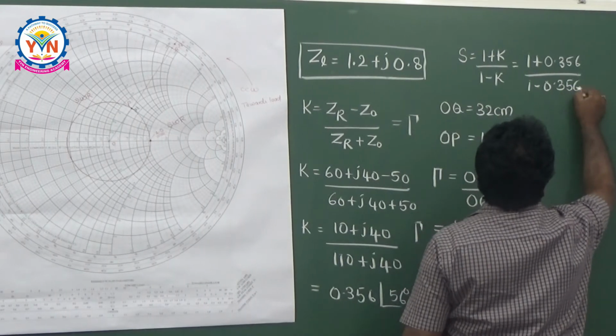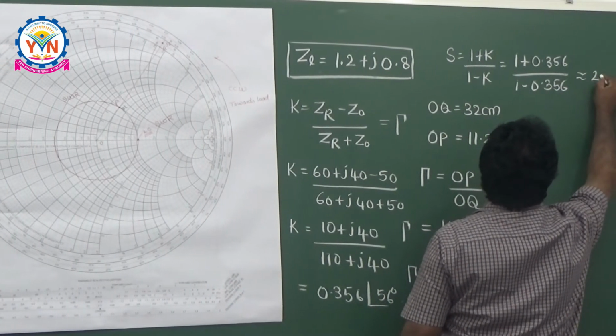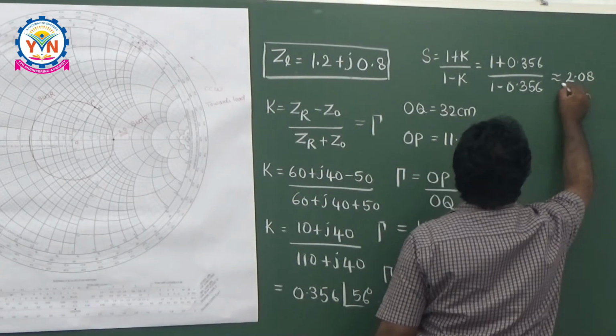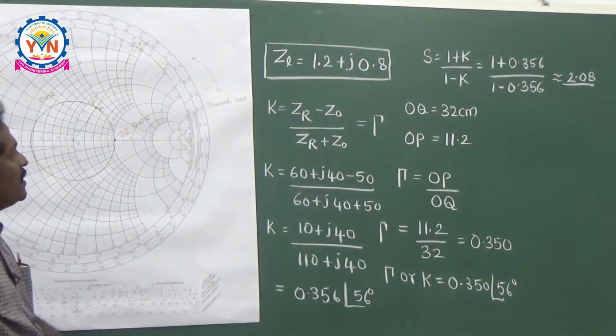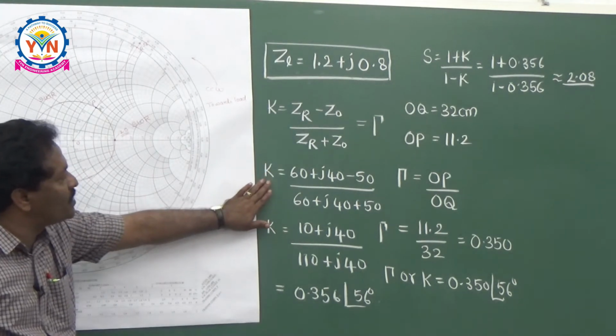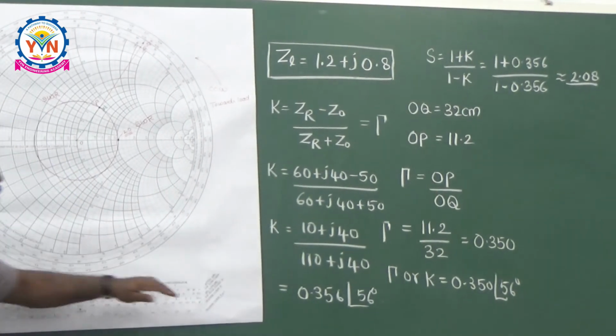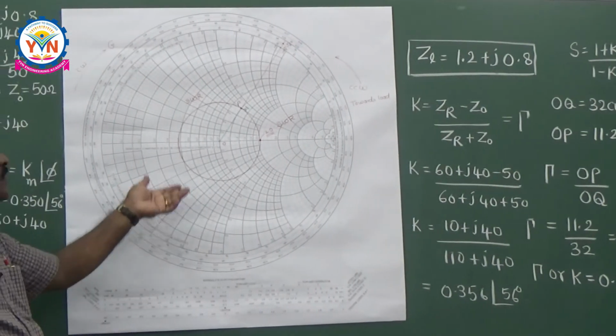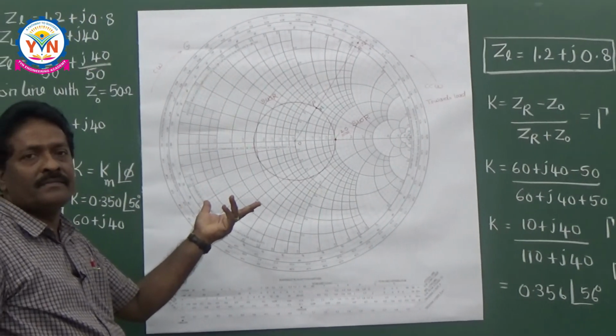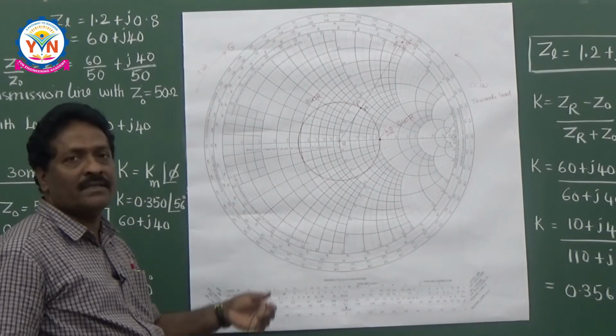It is almost equal to 2 point something, 2.08 or something. This is the standing wave ratio. So this is the way of calculating standing wave ratio and reflection coefficient using the equations as well as the Smith chart. But definitely friends, getting these values from the Smith chart is very easy compared to your mathematical calculations.